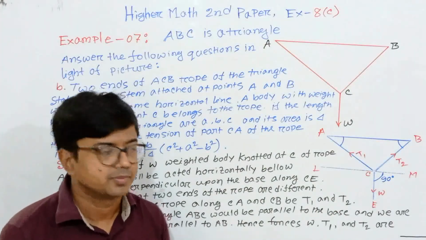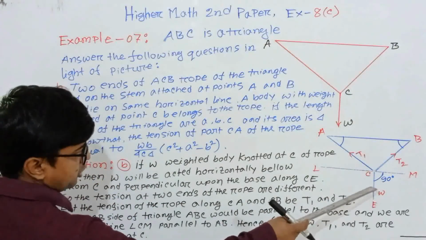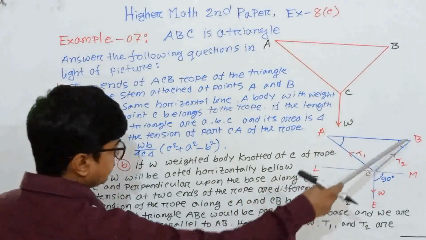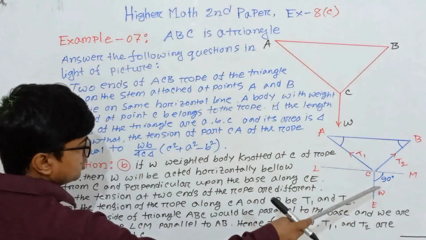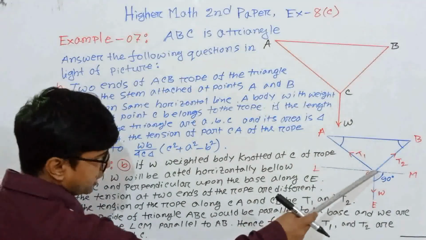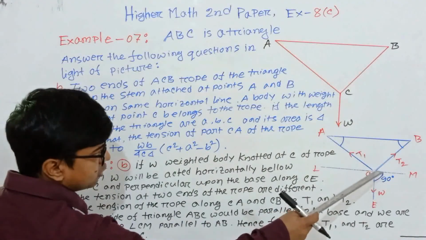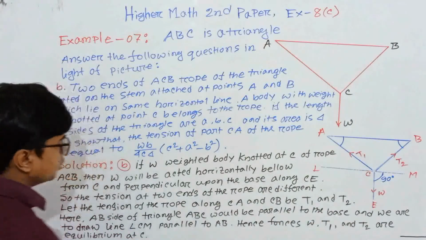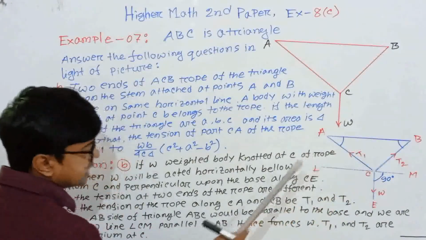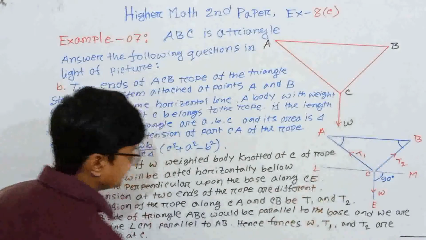Now question number B. Here look at the figure. If a weighted body W is hung at point C of roof ACB, then W will act vertically downward from point C, perpendicular to the base, along CE. So the tensions at the two ends of the roof are different.